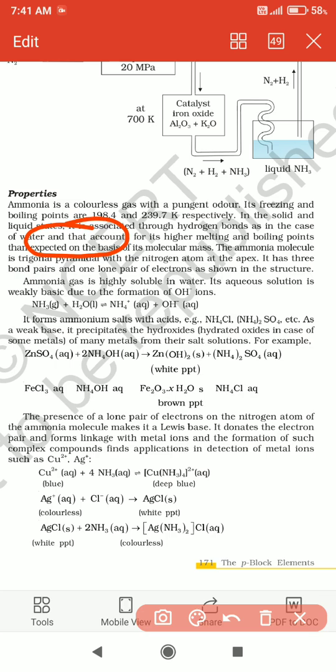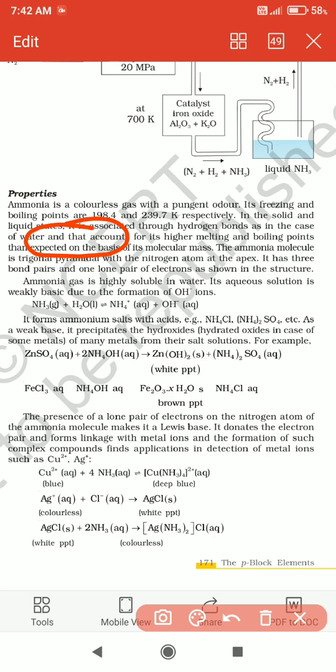The ammonia molecule has a trigonal pyramidal shape.